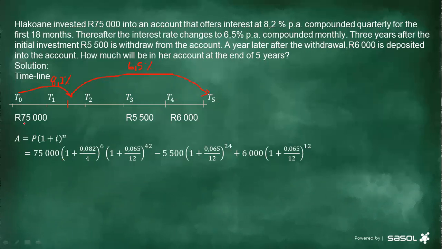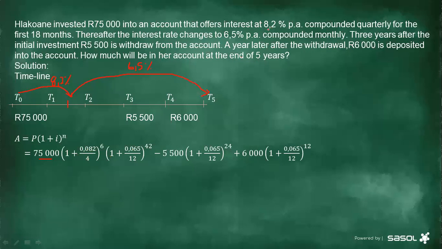Remember, 75,000 was invested, which is the initial amount, so it's our P. Then 1 plus 0.082, because I said the interest rate you divide by 100, over 4.